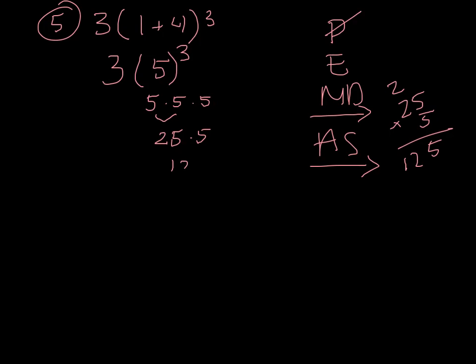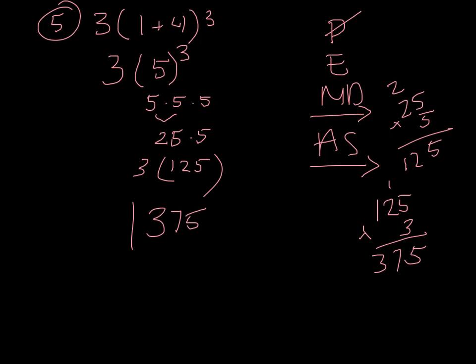So 125 times 3. Let's figure that out. 125 times 3, get 15, 6, 7, 375 would be my answer. Because I don't have anything left, I know that's my answer, 375.